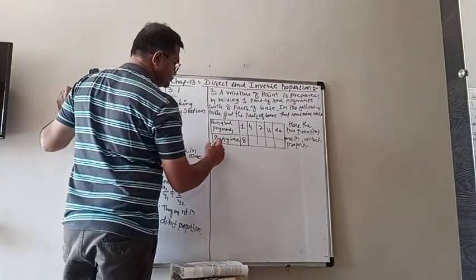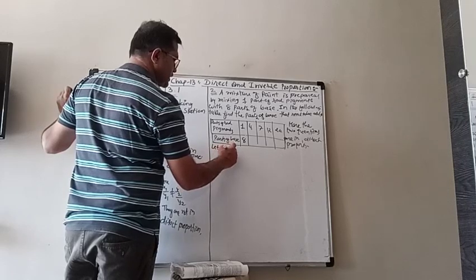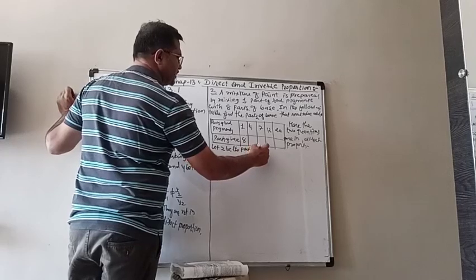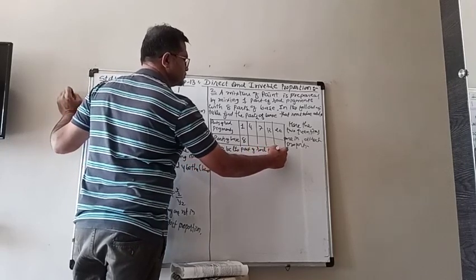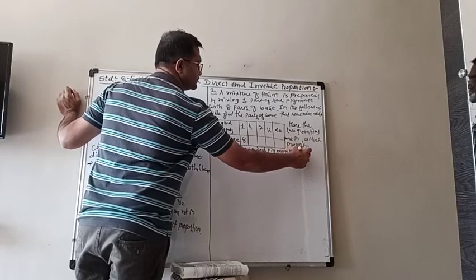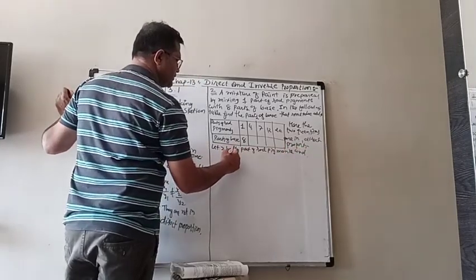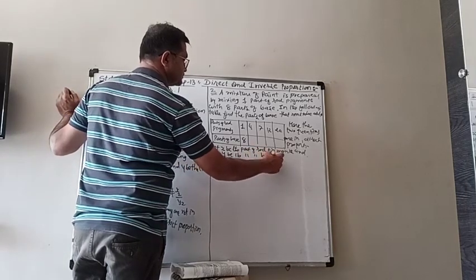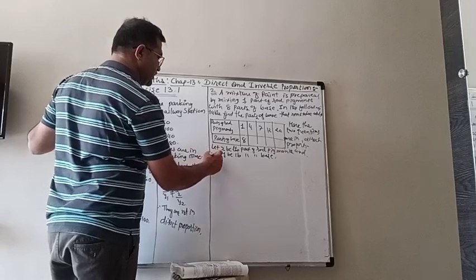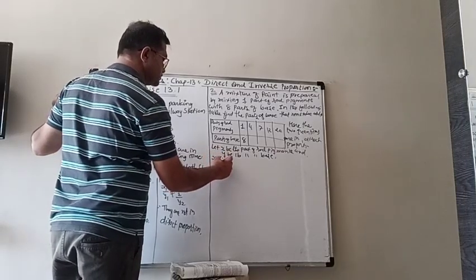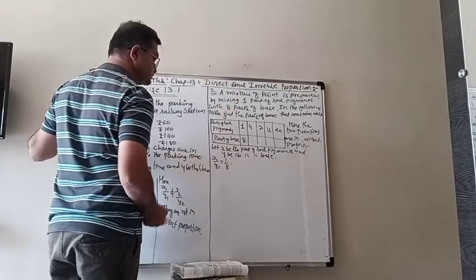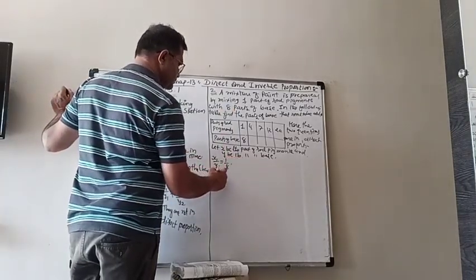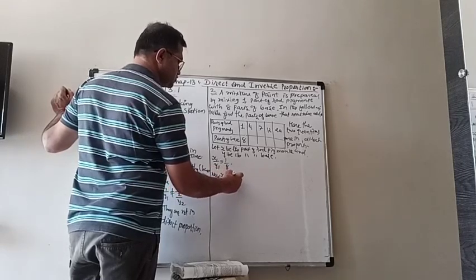So now let X be the part of red pigments and Y be the part of base. So now X1 upon Y1 is equal to 1 upon 8. So now X2 is equal to 4.